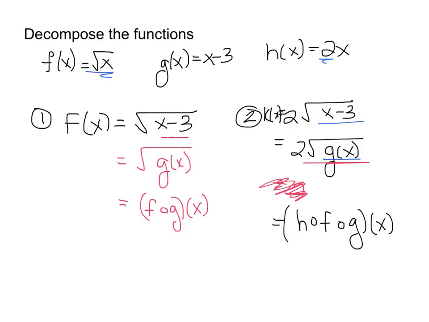Notice for this triple composition, this is saying take h and evaluate it at f, which we evaluate at g of x. Okay, so we'd start working with g evaluated at x, we'd plug that into f, and then we'd plug that into h.